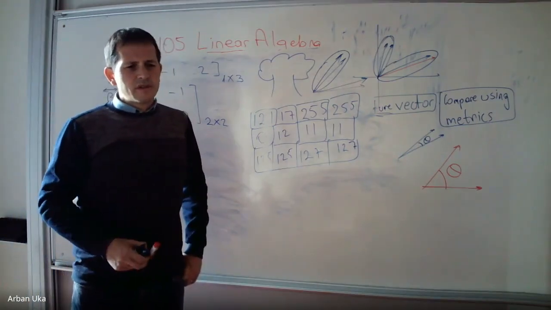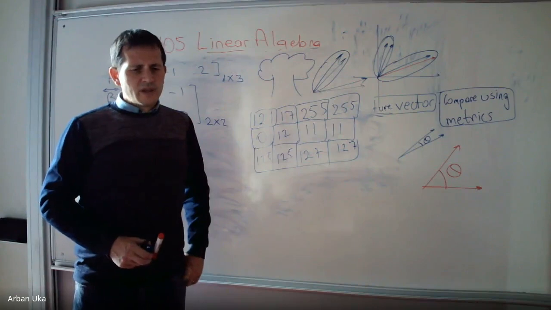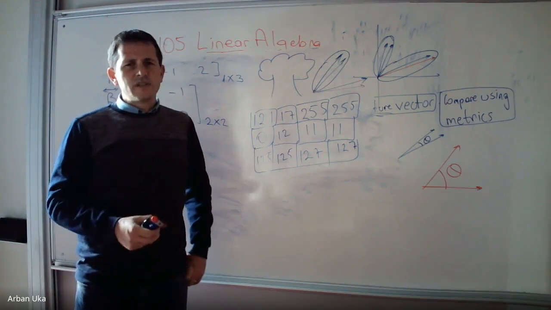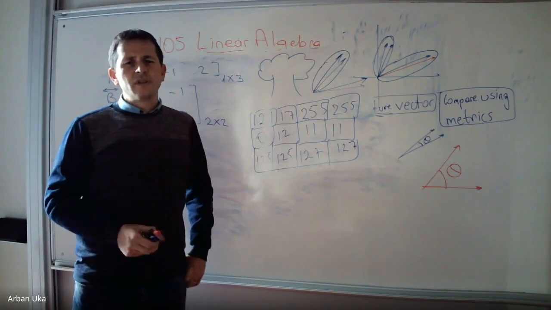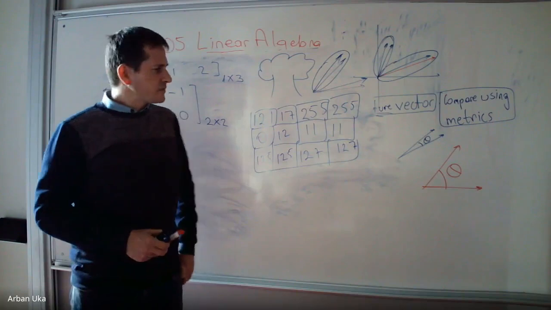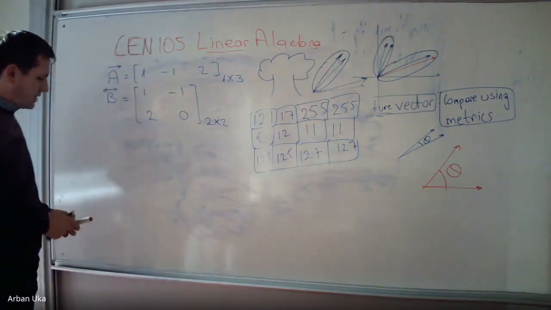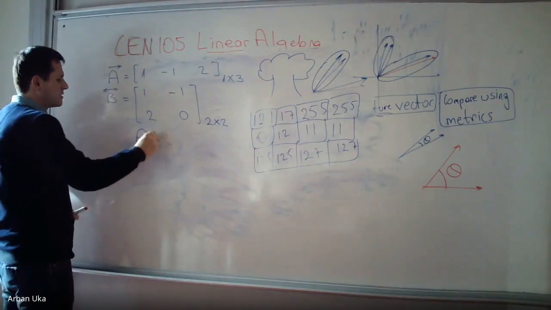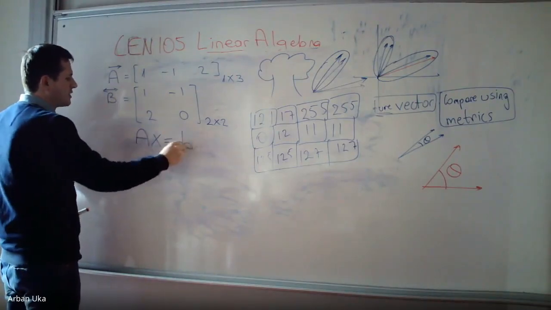My job is to make clear to you that linear algebra is important, it's easy, and I have to convince you that it finds uses in very complex problems. And linear algebra, as we said a few minutes ago, is made to solve this equation.